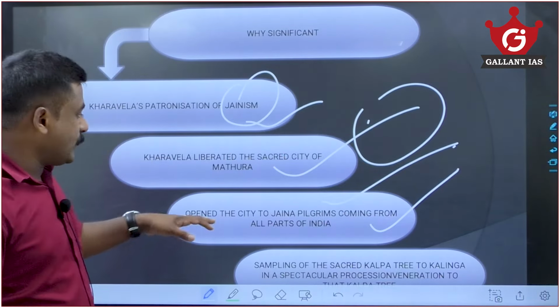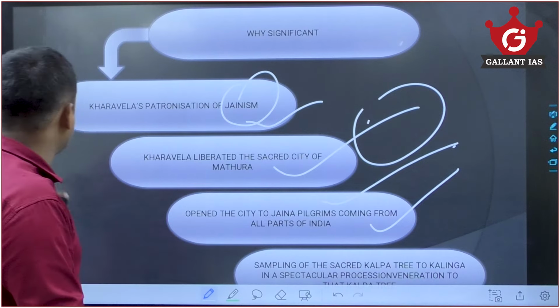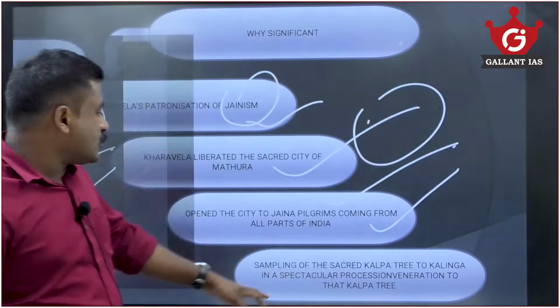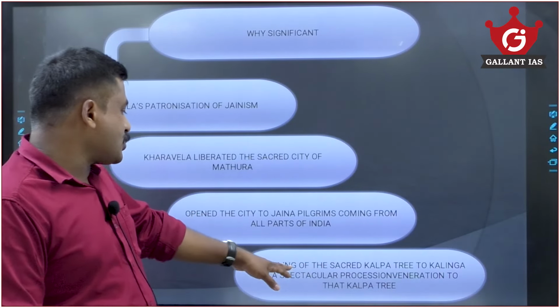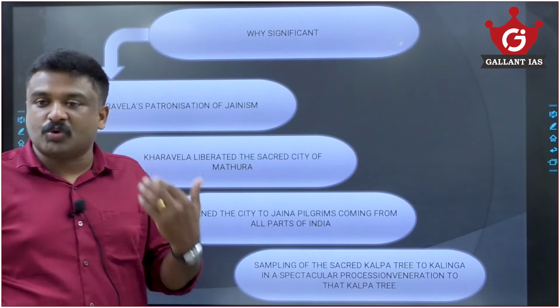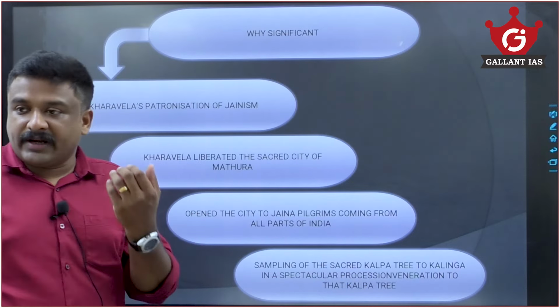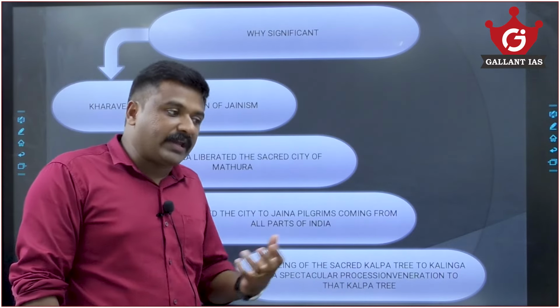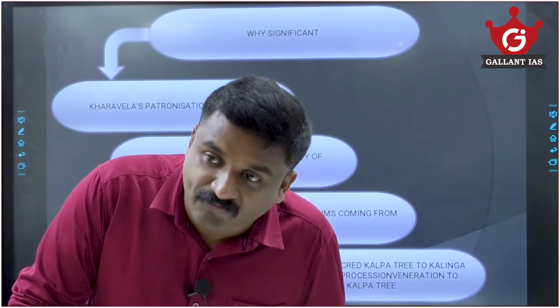And he planted a sacred Kalpa tree in Kalinga in a spectacular procession. He took that Jain image and this tree to Kalinga and installed them there. That also indicates he is a great patron of Jainism.